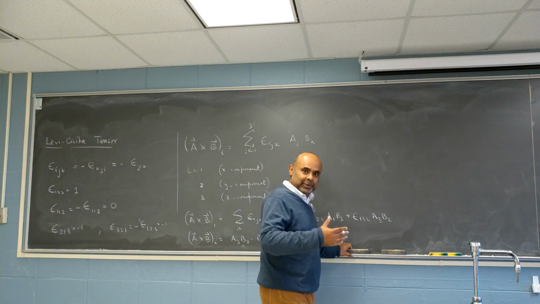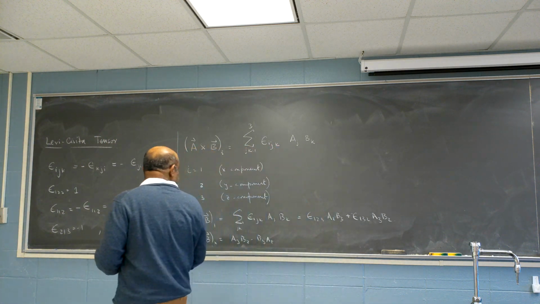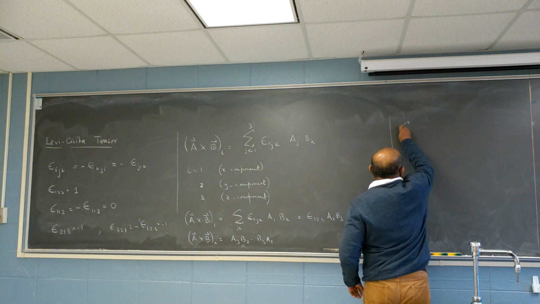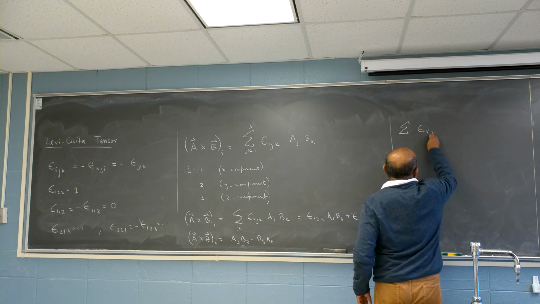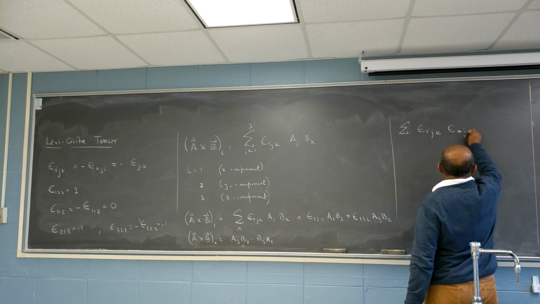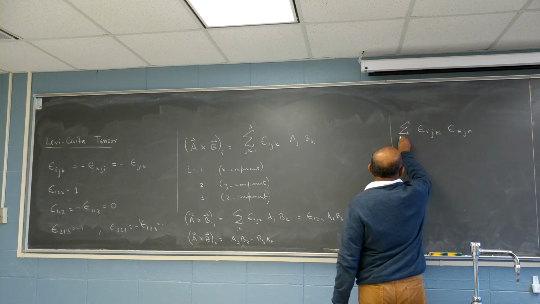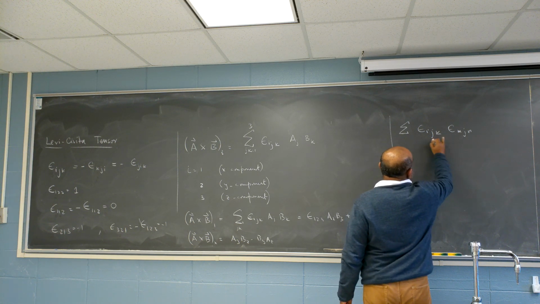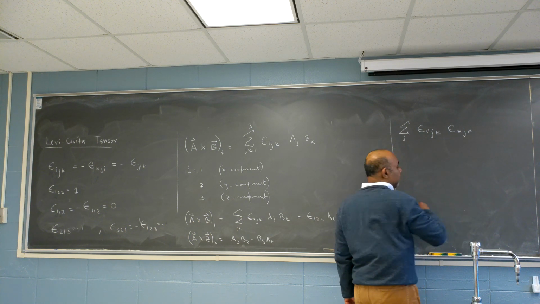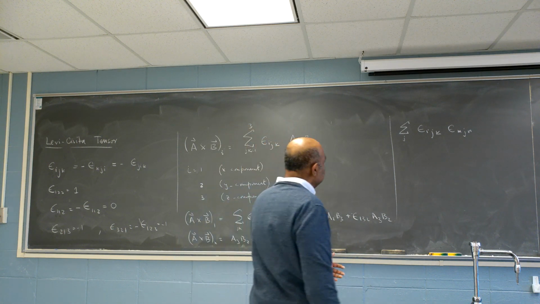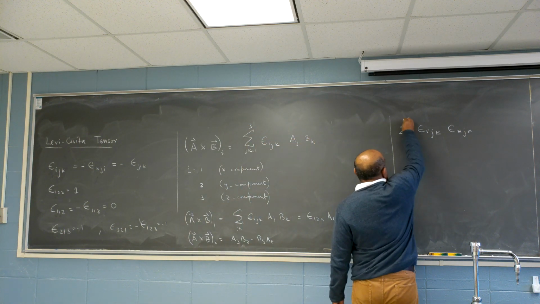Now, there are other logical things that I want you to get used to, one of which is epsilon i j k, epsilon m j n, and I'm summing over j only. j is being summed from 1 to 3.